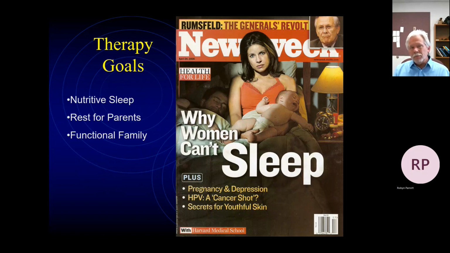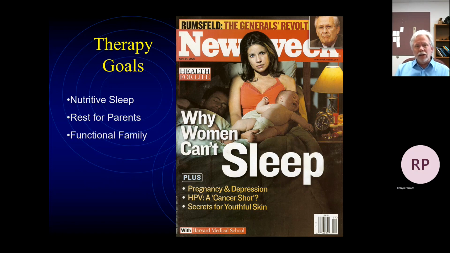So sometimes when we approach children with really difficult sleep disorders who perhaps have developmental disabilities, we have to prioritize our goals. The first goal is what I would call nutritive or restorative sleep, which is the goal for all children. That is to put the child into the best situation for learning and modulation of emotions and socialization.